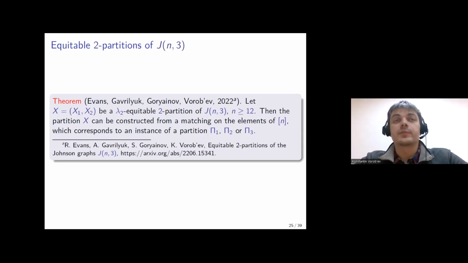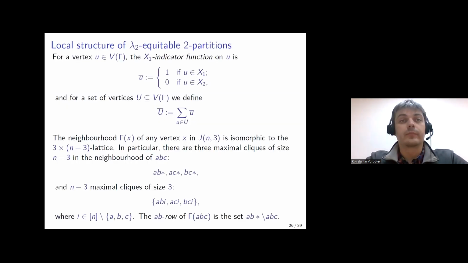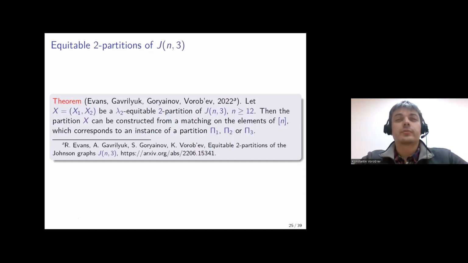In other words, every such partition must be equivalent to a partition pi1, pi2, or pi3. Actually, we see 4 authors here, and this result was proven by 2 different approaches.